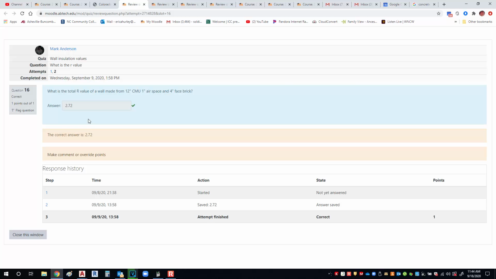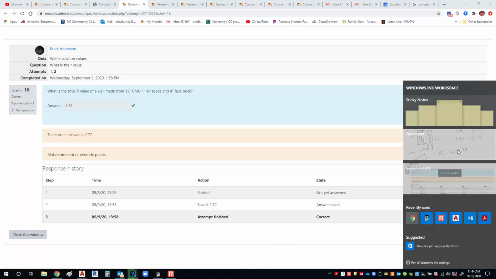What is the total R value of a wall made from 12-inch CMUs, 1-inch airspace, and a 4-inch face brick? Let's go and write that down here: 12-inch CMU, 1-inch air, and 4-inch face brick.